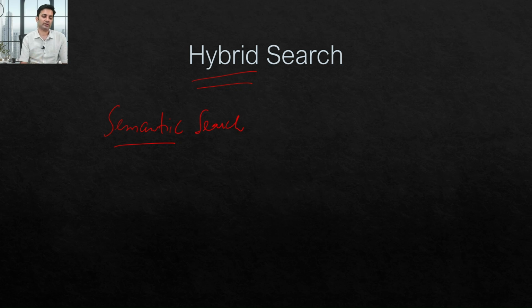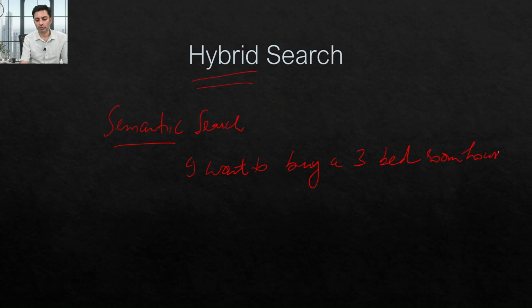So semantic search is, for example, I write a sentence. I want to buy a 3-bedroom house. Okay, this is a way for me to tell the system I want to buy a 3-bedroom house.